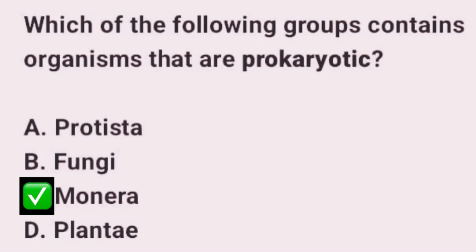The protista are eukaryotic organisms like the amoeba and paramecium. They have a nucleus. Fungi like yeast and mushrooms are also eukaryotic. Option D, which is plantae. Plantae are higher organisms with complex cell structures. Thus, the correct option is option C because only Monera represent prokaryotic organisms.